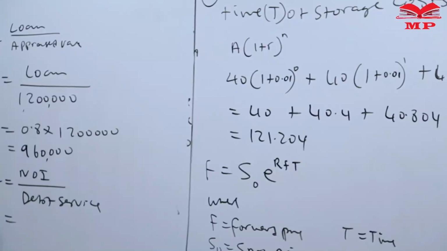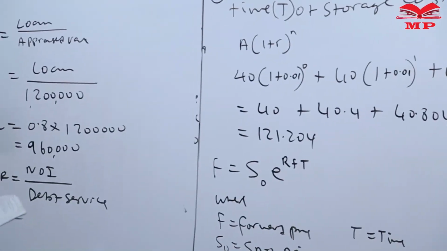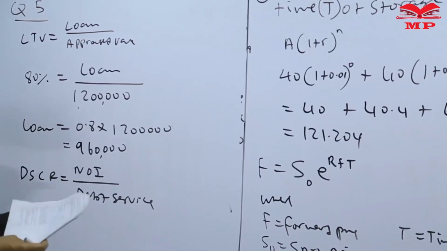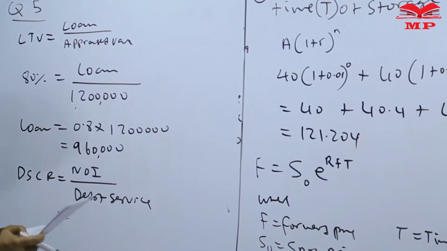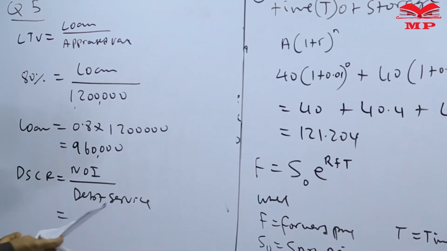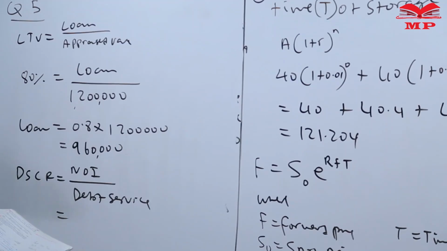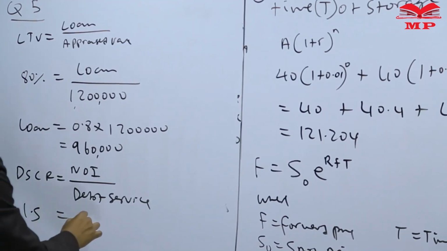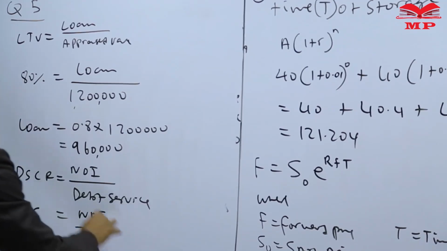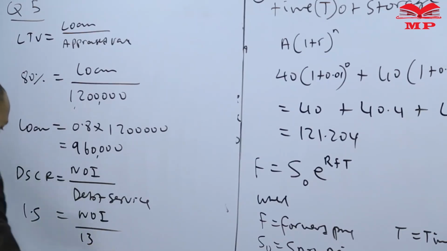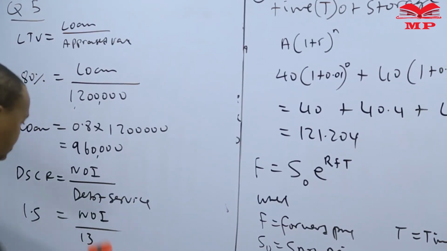The net operating income we can see towards the end of the question is given as 135,000. Apologies for that. The NOI is 135,000, not the debt service.